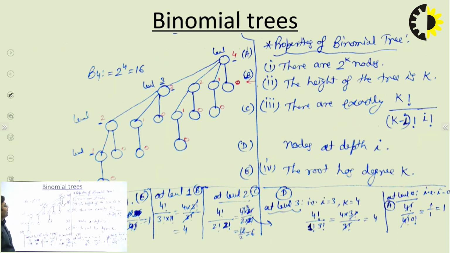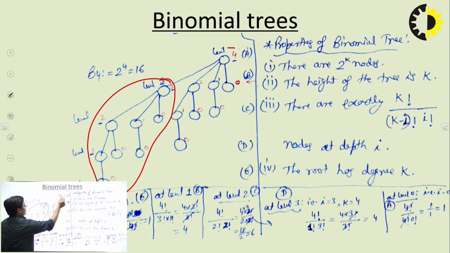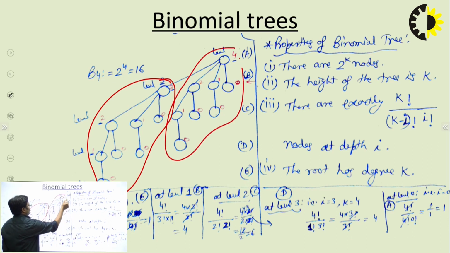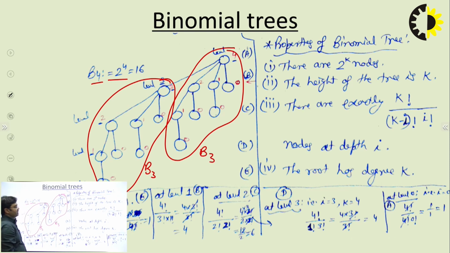Binomial tree B4 is the combination of two B3s. At level 4, we have the connection of this part along with this part. Means at B4 we have two B3s: first B3, second B3.